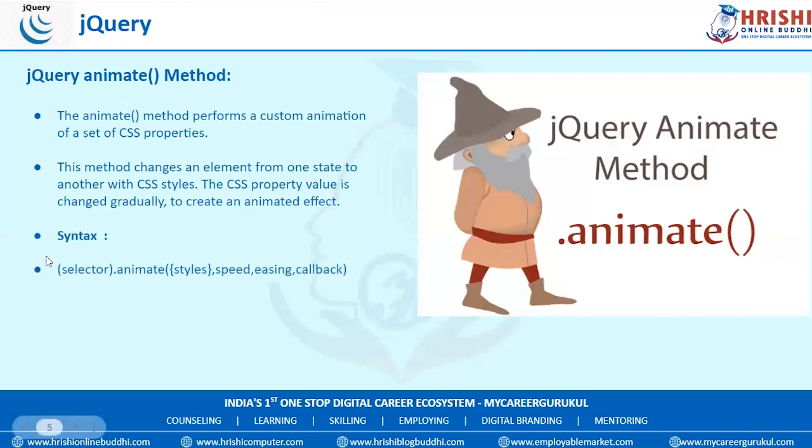Your syntax is selector, whatever selector, that is, element, paragraph tag, heading tag, image tag, or whichever element you want to select, dot animate. So the animate method starts with the keyword dot animate. After that, inside the parentheses, we make use of style. Style can be any CSS, such as background, height, font size, font weight, border color, border width. Any style which we have seen in CSS can be applied inside the curly braces.